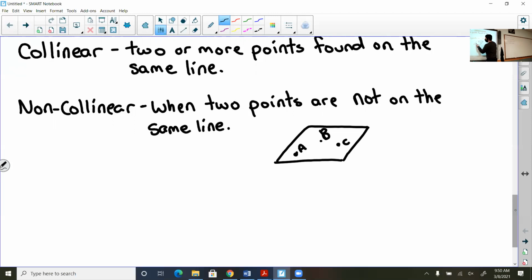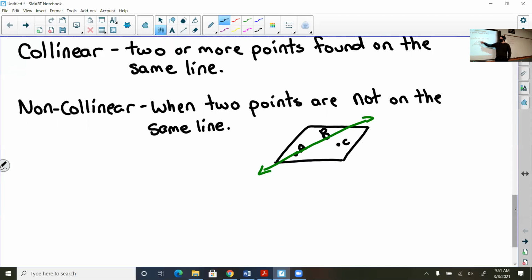All right, so A and B. I could draw a line through A and B. And what that would tell me is that A and B are collinear because they are found on the same line. The fact that this arrow is solid means that it's right on top of the plane. And C is non-collinear with points A and B.